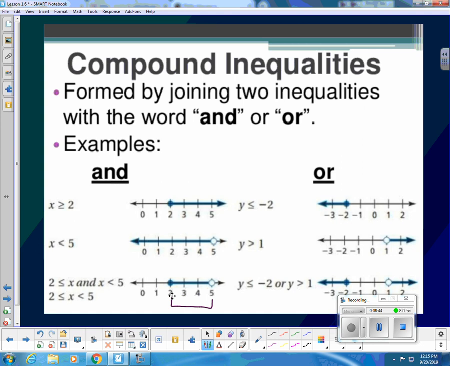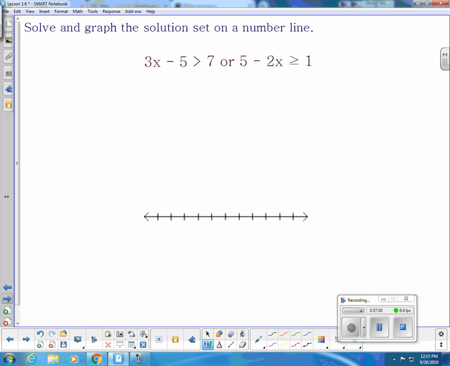So with and, you're looking at where do they overlap, or with or, you're looking at just putting the two graphs together on one graph. Okay. So I remember and is between, or is split. That's how I think of them, most of the time. Sometimes you get special cases. So we have an or. So in my head, I'm thinking they should be split. Should be.